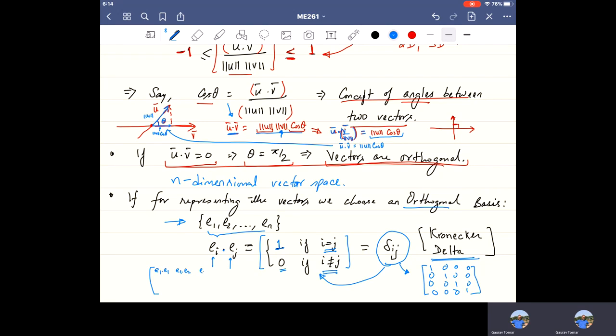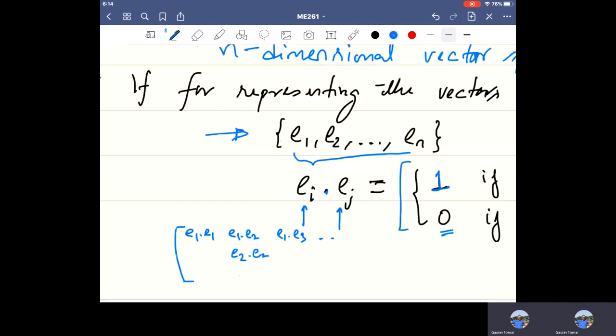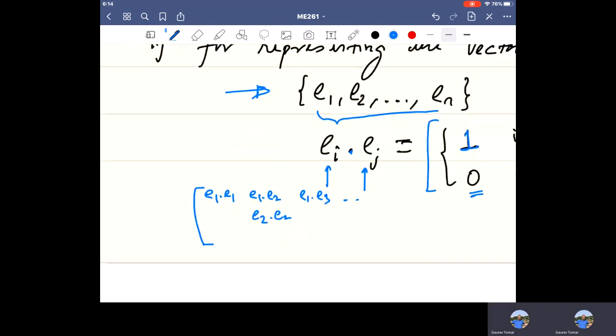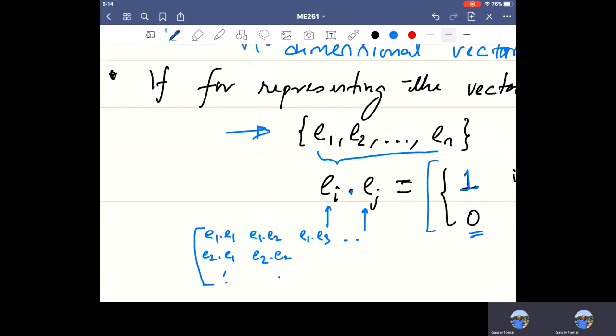And here you'll get E2 dot E2, and then here E2 dot E1, and so on. And this is equal to 1, 1, 1, 1, 0, and so on.